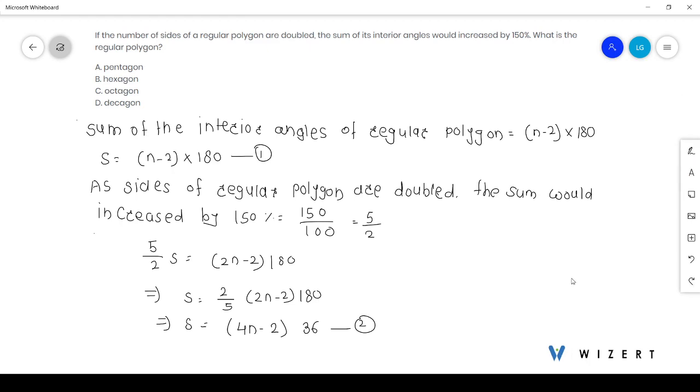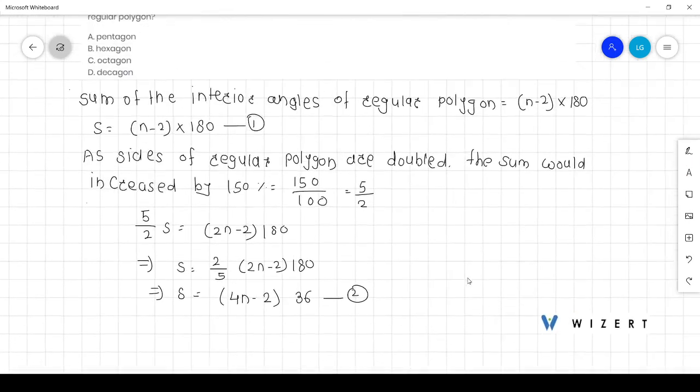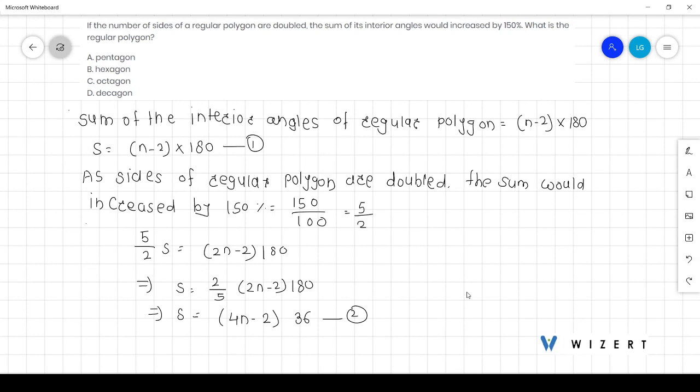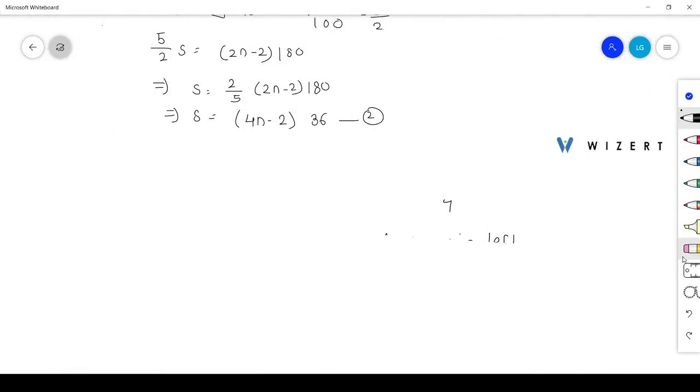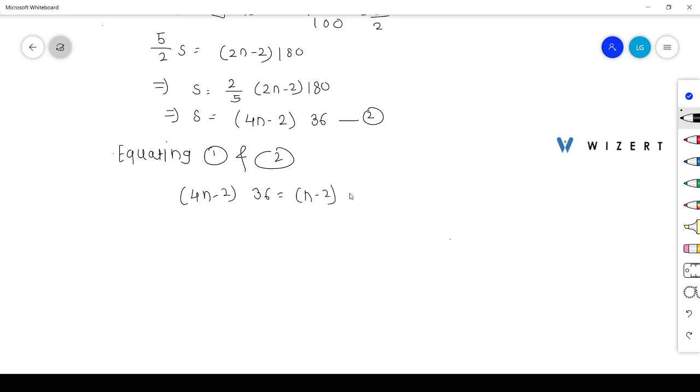Now, equating 1 and 2, we get (4n minus 2) into 36 equals (n minus 2) into 180.